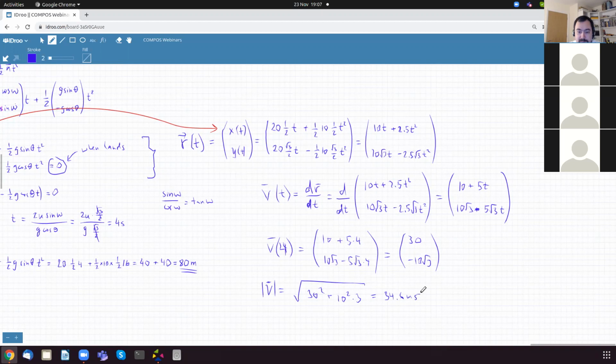So that's the speed of the stone when it hits the ground.